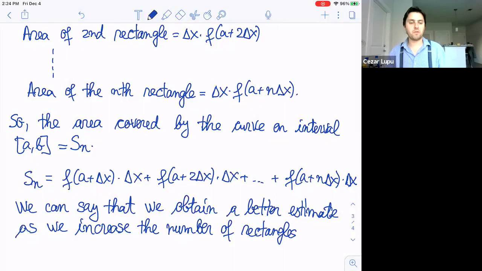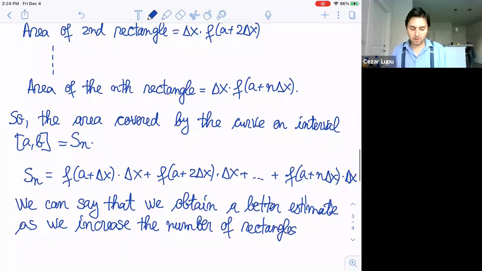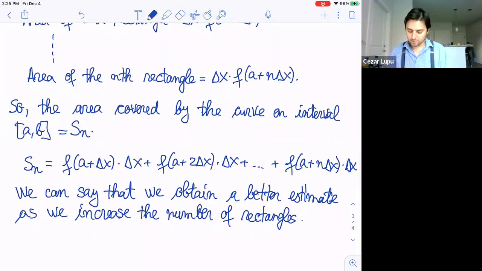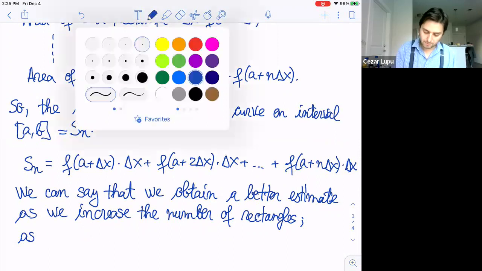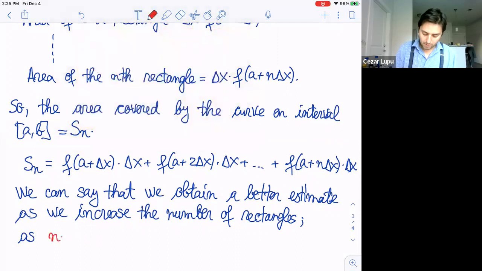For example, let's say the number is n, but if we like to see n big enough, what happens? As n approaches infinity, for n large enough, it follows that delta x will approach 0.